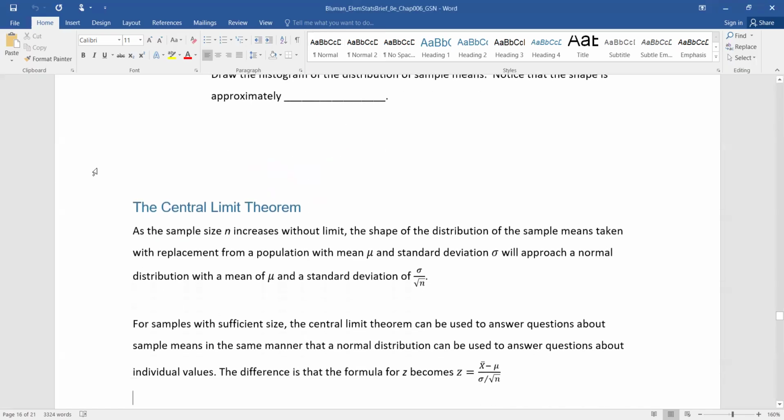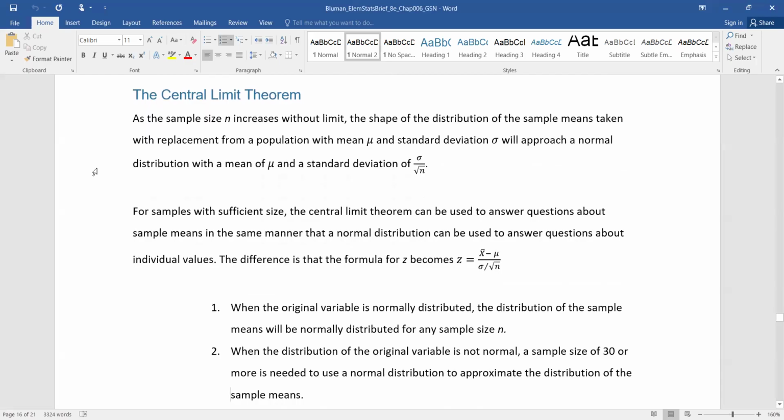All right, let's look more into the central limit theorem. As the sample size n increases without limit, the distribution of the sample means taken with replacement from a population with mean mu and population standard deviation sigma will approach a normal distribution with a mean of the population mean and a standard deviation of the population standard deviation divided by the square root of the sample size.